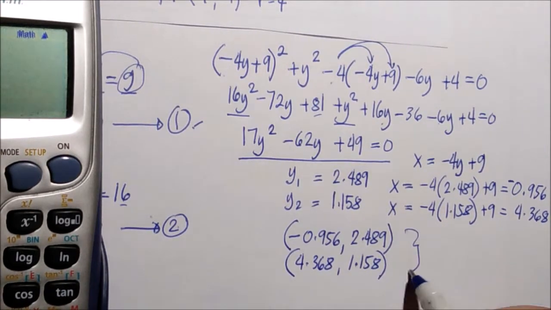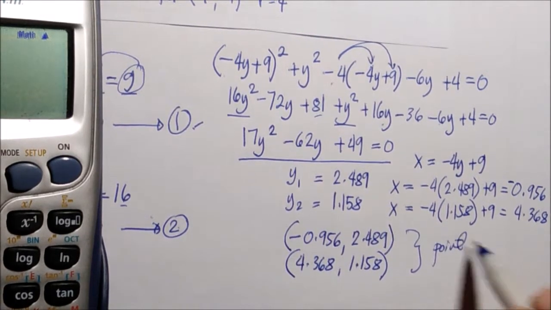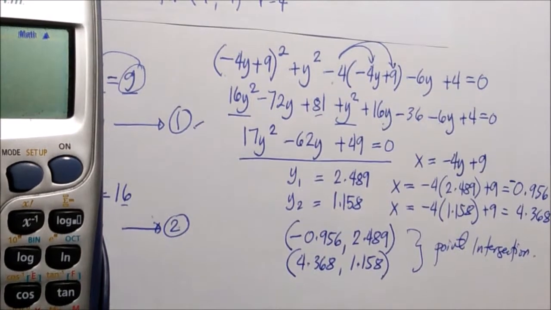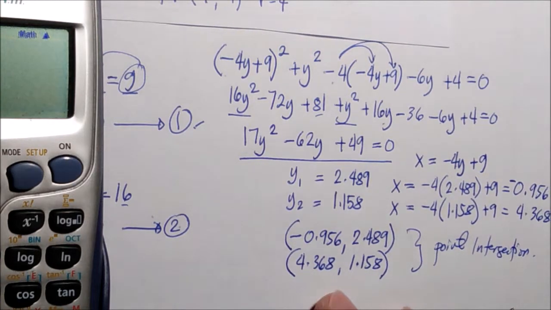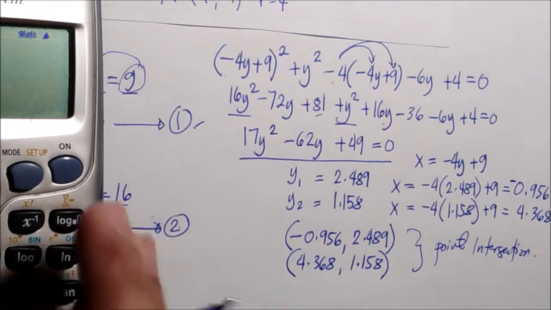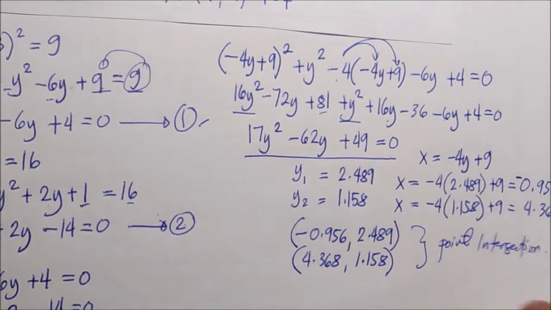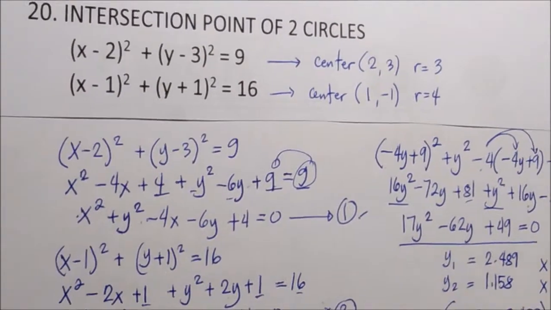Okay, so these are the points of intersection. Okay, that's correct. Negative 0.956 and 2.489, okay, that's correct. Okay, so this is how to calculate the intersection point of a circle.